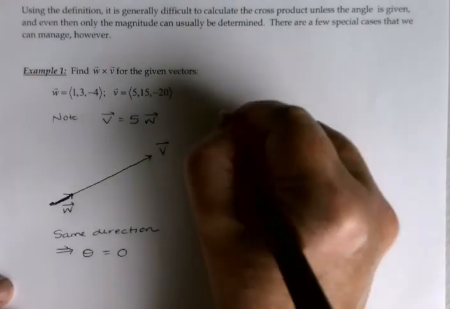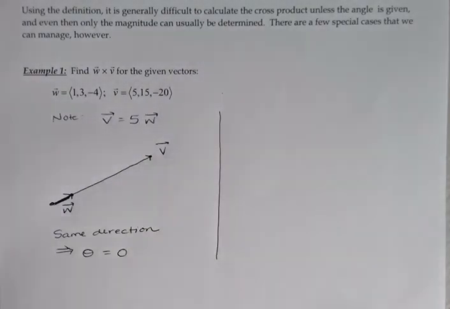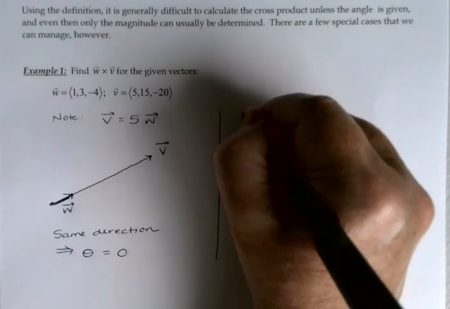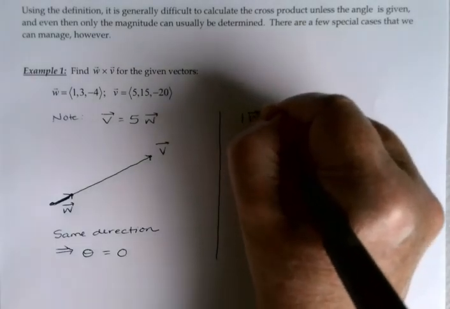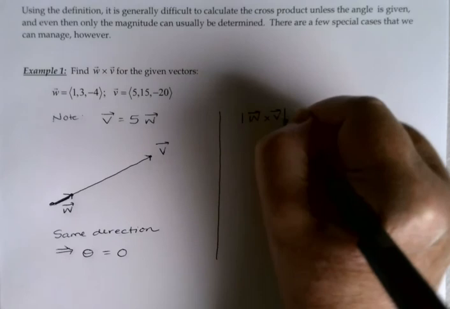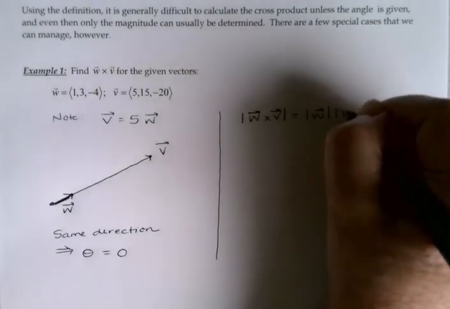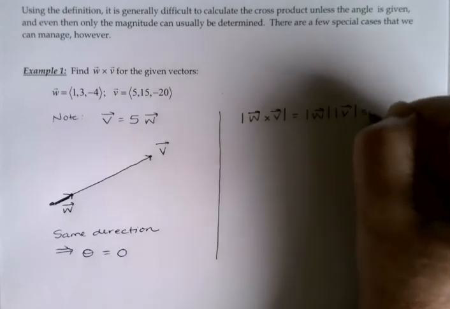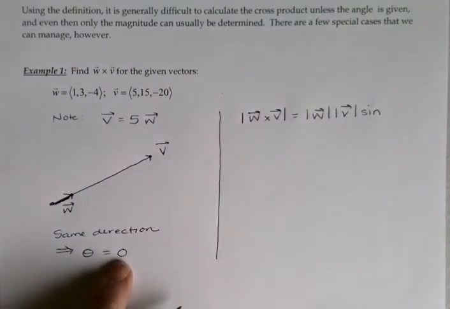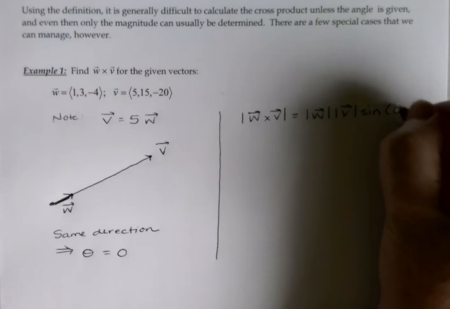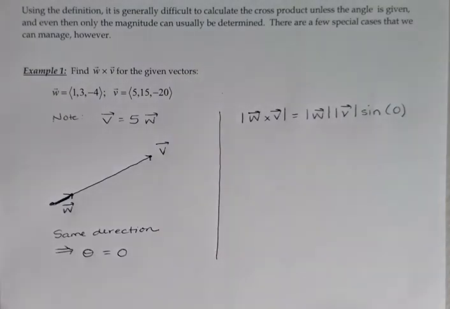So what that means is I can start to define at least the magnitude of my cross product. The magnitude of W cross V is going to be the magnitude of W times the magnitude of V times the sine of the angle between them, which is 0.